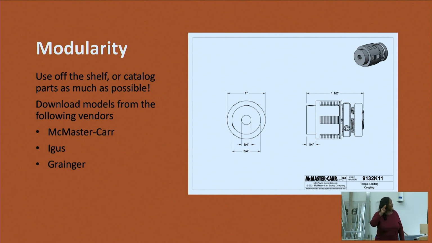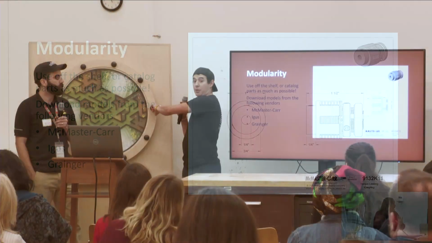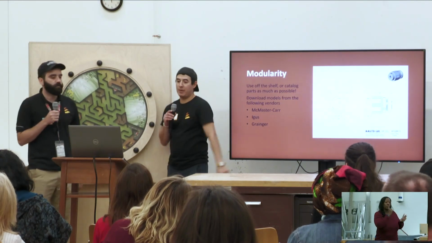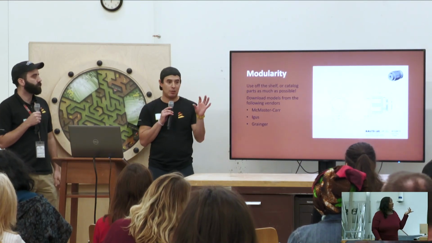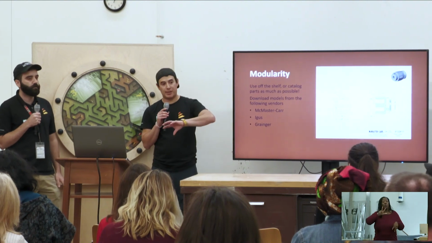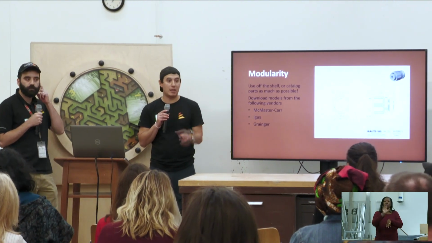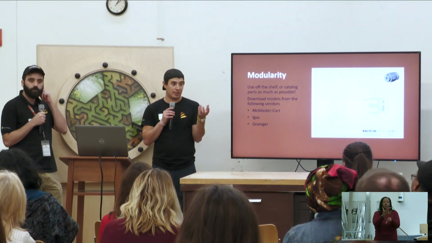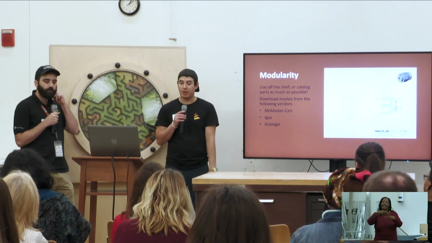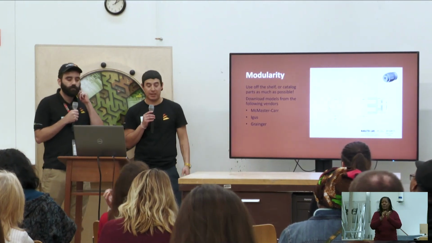Using off-the-shelf industrial components saves time creating custom components and simplifies maintenance. Like this clutch mechanism is similar to what we used in this thing. And it's really cool. Like you said, you can literally just download a 3D model and drop it into your software, whether it's Inventor, Rhino, Fusion, whatever it is, and it'll exist in a 3D digital format with your components. So it's a really useful way to use off-the-shelf parts.